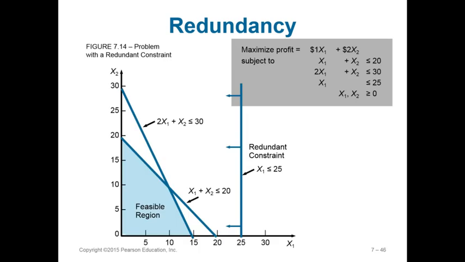Graphically you could show that to be where this is a redundant constraint, because the feasible region is going to be here, and all it says is that this x has to be less than or equal to 25. Well, if it meets along these two lines, especially if it falls in here, then it's definitely going to be less than 25. So you don't need that one because it's already meeting that constraint. And so that one becomes redundant.